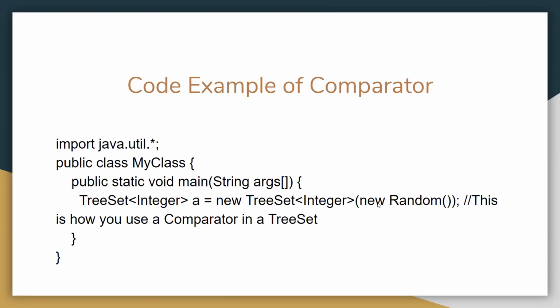But in this case, we're adding something inside of it. This is how you use a comparator in the tree set. These parentheses are specifically for any extra ordering. So this is where you put the comparators in. Usually it'd be empty, but if you had a comparator that you wanted to specifically order the tree set with, then you add it in there.